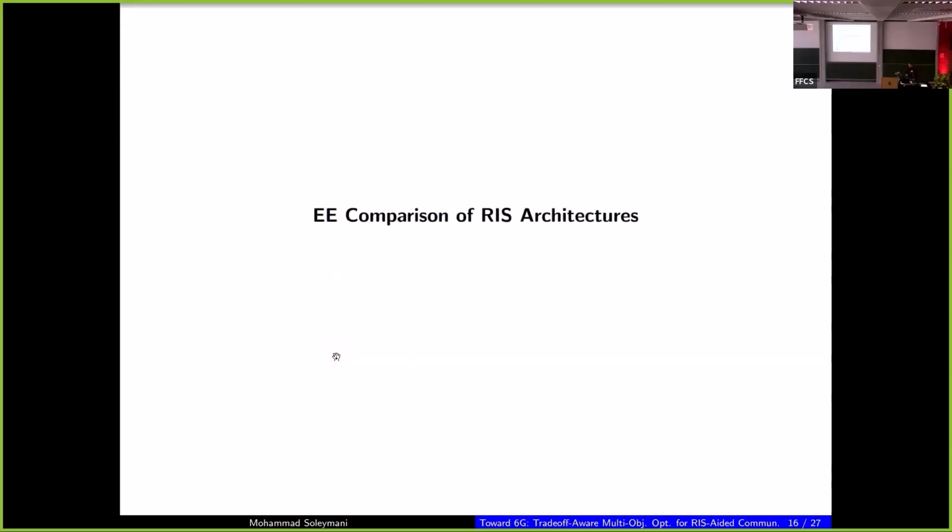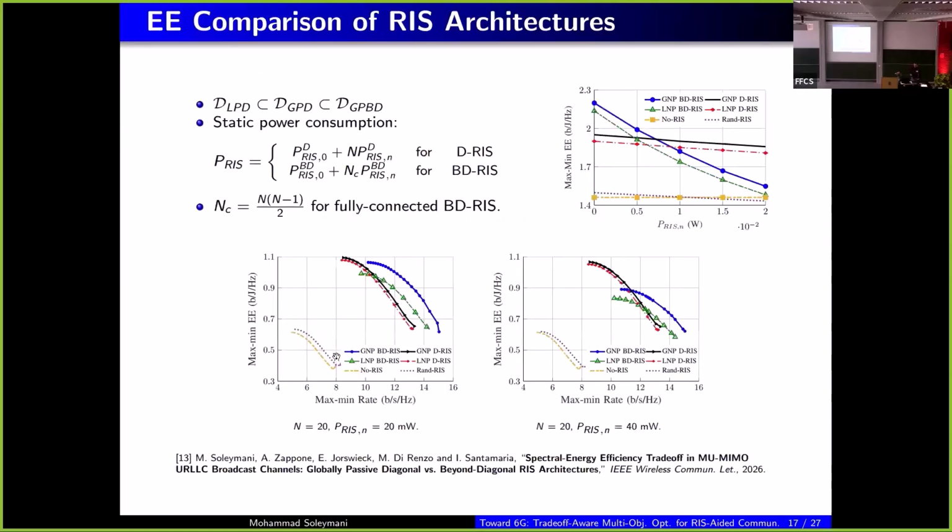Now we can go to one illustrative example for the energy efficiency and spectral efficiency trade-off of different RIS architectures. For the figures at the bottom, in the x-axis we have a metric regarding spectral efficiency and another metric regarding energy efficiency. As you can see, the more complexity you add, the better performance you get from a spectral efficiency point of view. But for the energy efficiency, it may not be that clear.